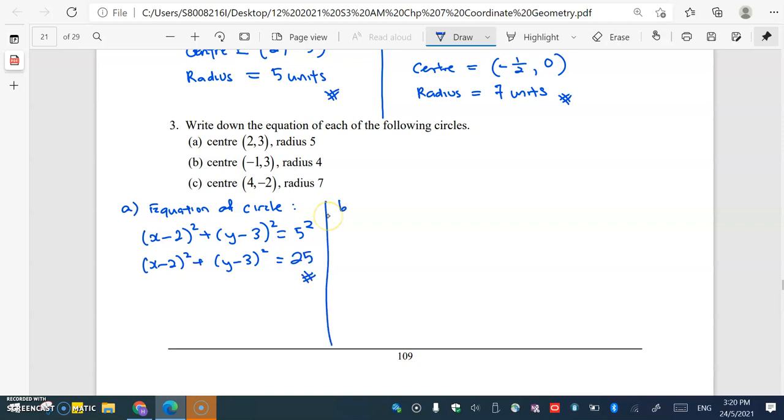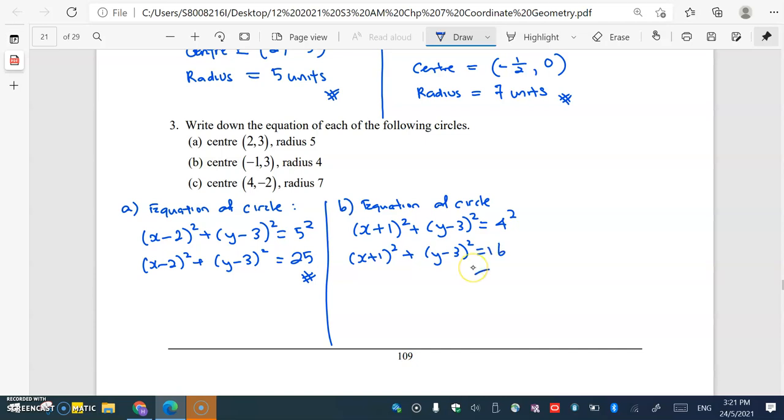B, for the equation of circle, I don't think this is going to be tough. It should be x − (−1), so (x + 1)² + (y − 3)² = 4², which is as good as (x + 1)² + (y − 3)² = 16. Some of you may ask, do I need to expand it?